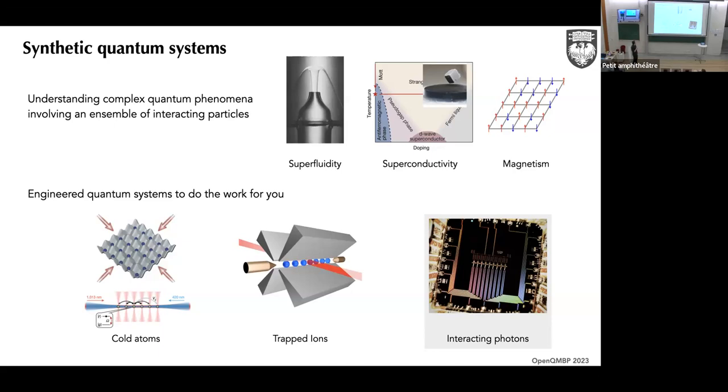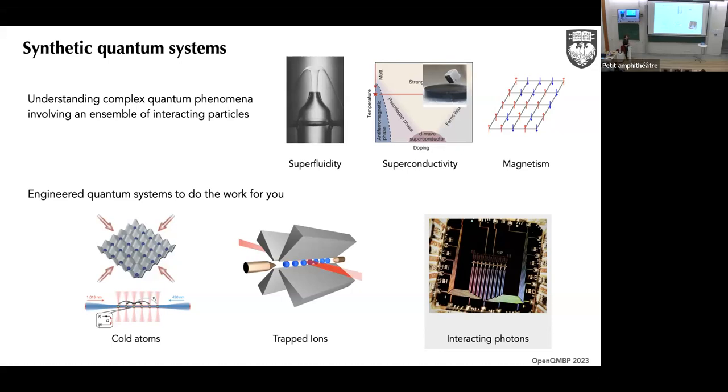And of course, these problems are hard to simulate because it exponentially becomes intractable to simulate them on a classical computer. So there have been extensive and growing efforts in trying to engineer quantum systems that are tailored to simulate the quantum phenomena of interest.